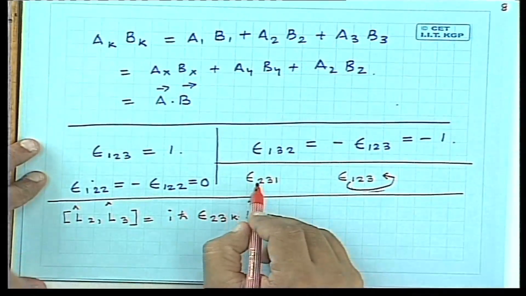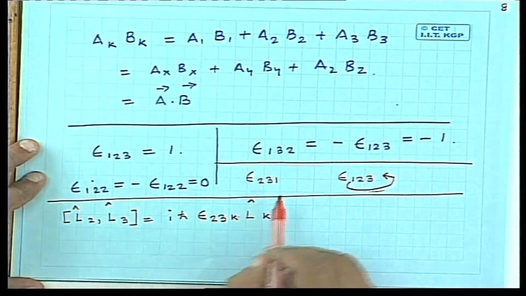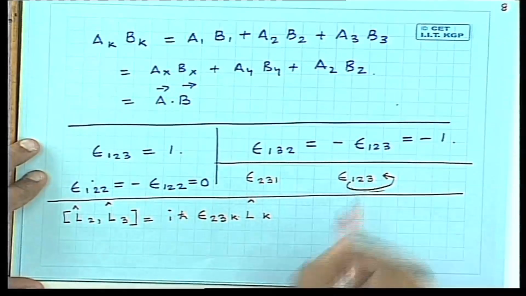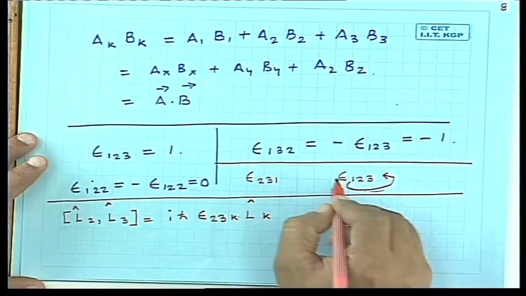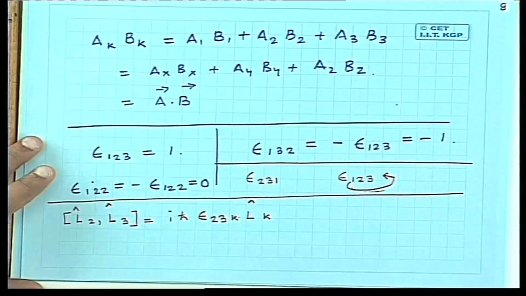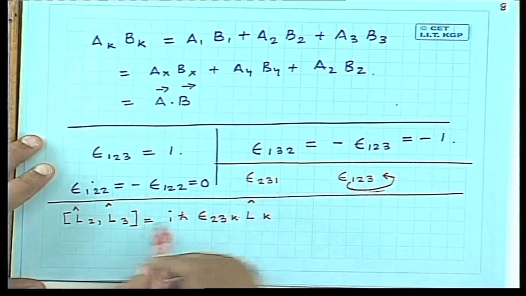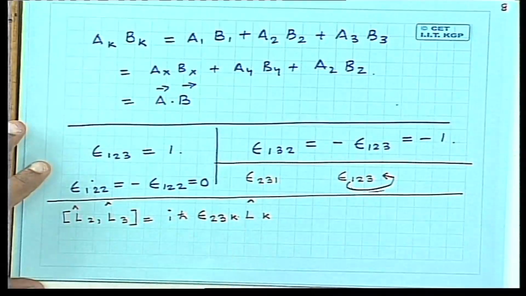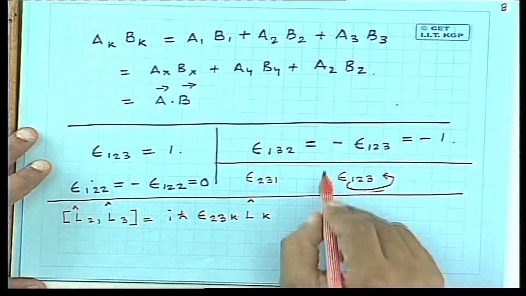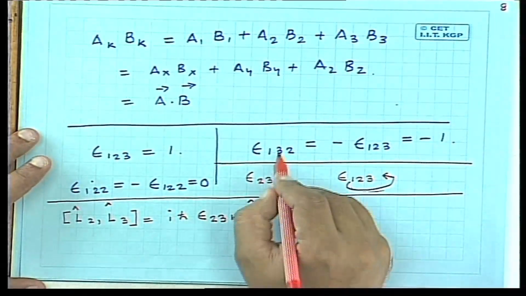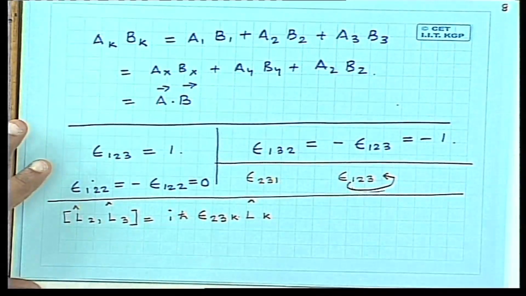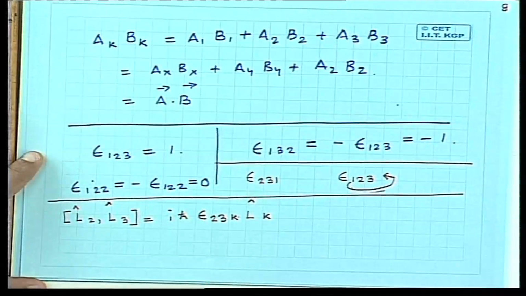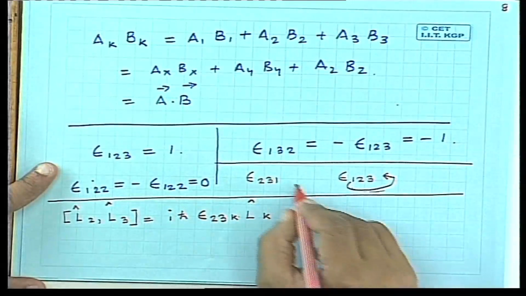If this particular combination 2, 3, 1 can be obtained by a cyclic permutation of 1, 2, 3, then it remains plus 1. This follows from the fact that epsilon ijk is antisymmetric with respect to the three indices. If it cannot be obtained by a cyclic permutation, then you have to actually interchange two of them once, and that will give a minus sign. So epsilon 2, 3, 1 is equal to plus 1.